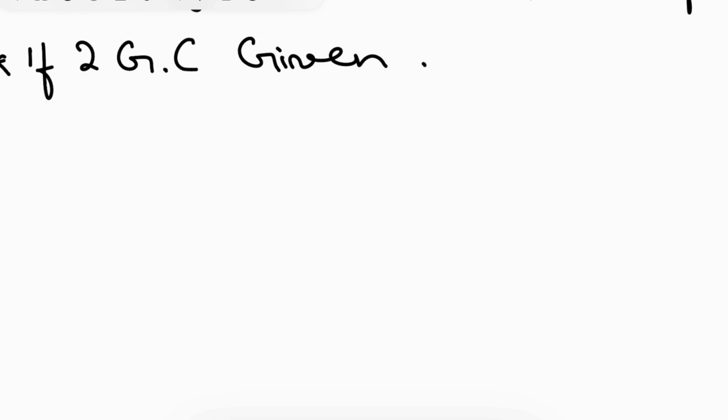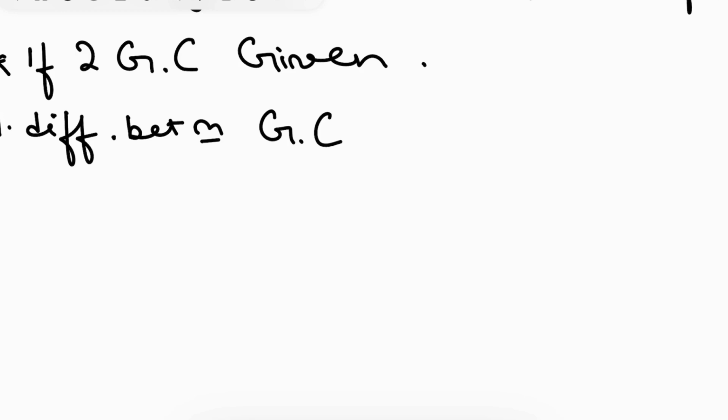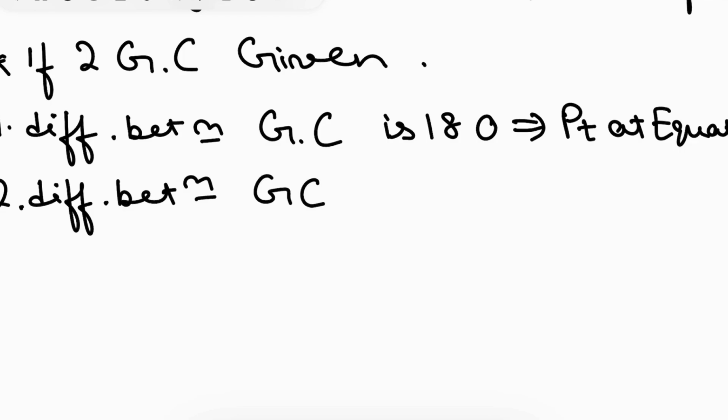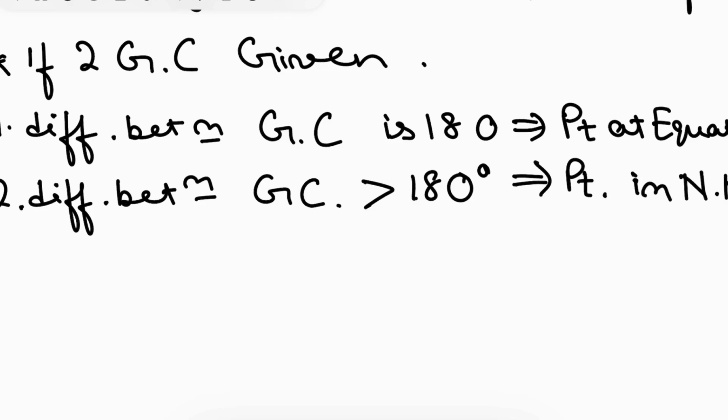If the difference between great circles is 180, then both the points are at equator. Second situation is if difference between great circles is more than 180, then points are in the north hemisphere.